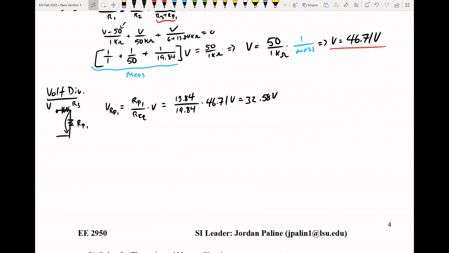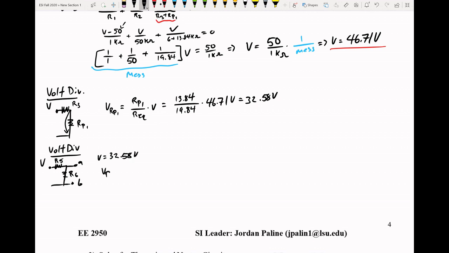So if we do one more, so we do a voltage division where this is A, that's B, this would be R6, this will be R5, it's voltage there. So where this voltage is going to be equal to the 32.58 volts.